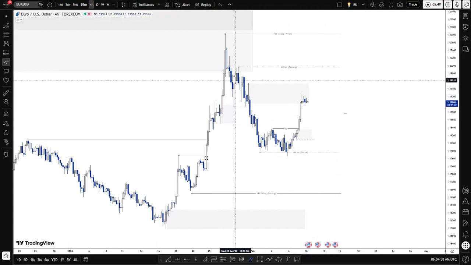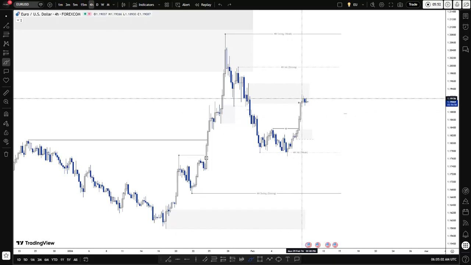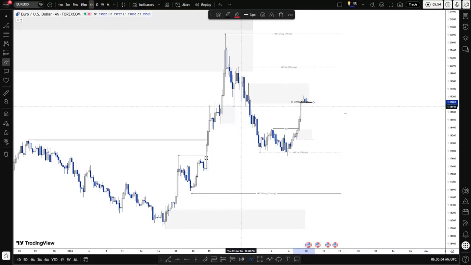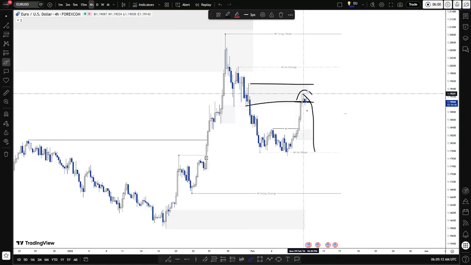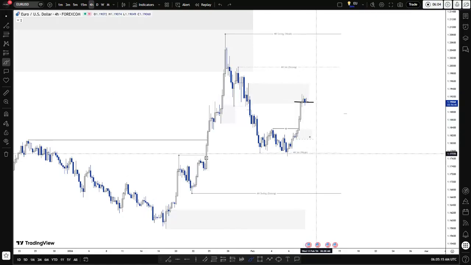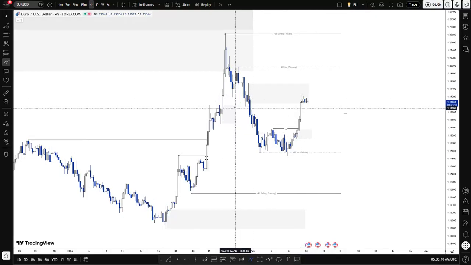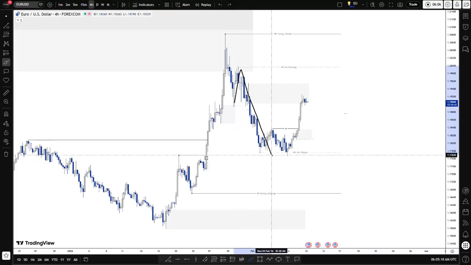So for longs, now that price has pulled back, stopped liquidity, and pulled back to extreme internal supply, this internal supply could form the next internal lower high, and we could see price form the next internal leg. But we understand that all internal was bearish only to facilitate the swing pullback.